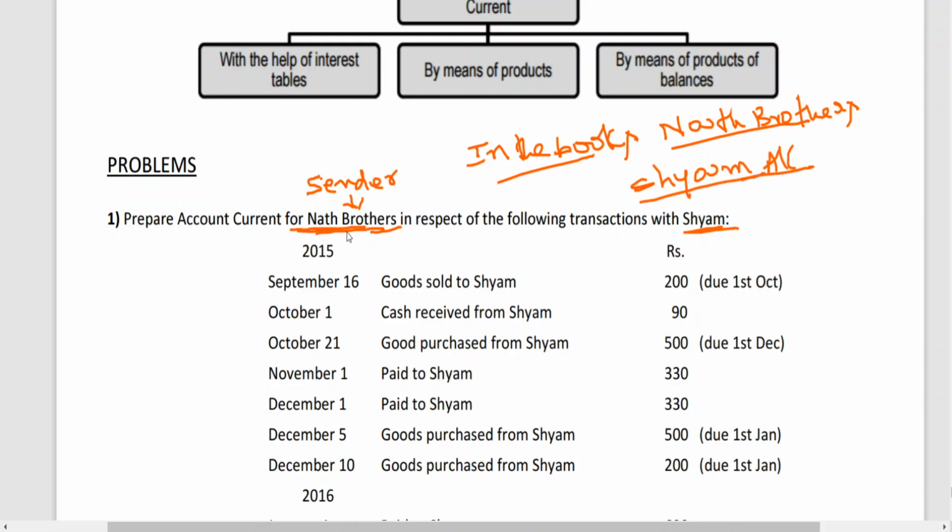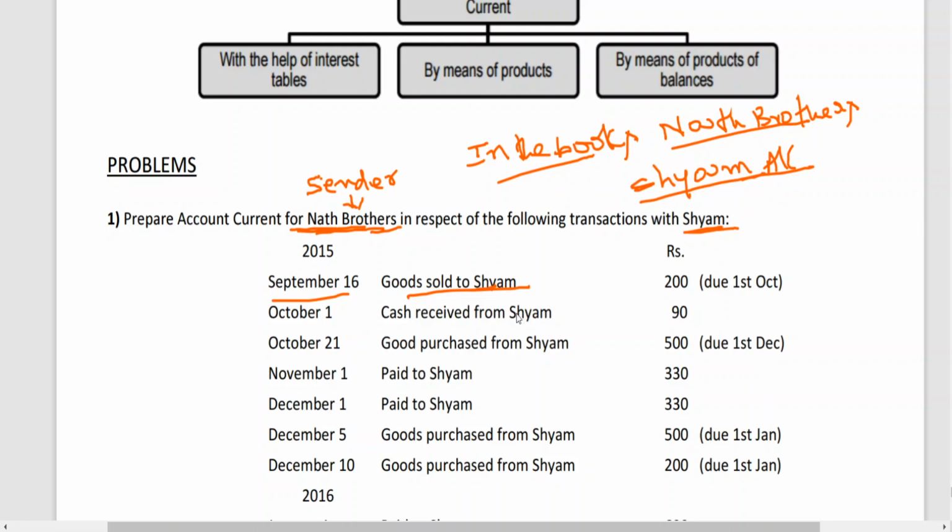Clear to all of you? Prepare account current for North Brothers in respect of the following transactions with Sham. September 16, goods sold to Sham, 200 rupees. Why am I saying the receiver? Assume that you are preparing the receiver's account, then the transaction entries will be easy for you to identify. Sham account you are opening, my dear friends.